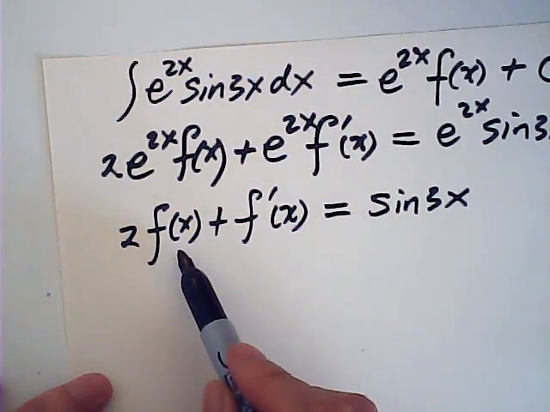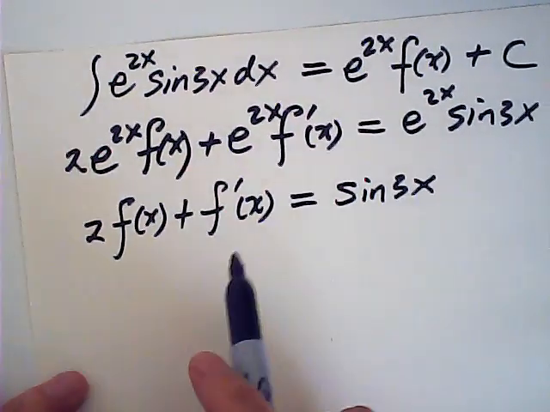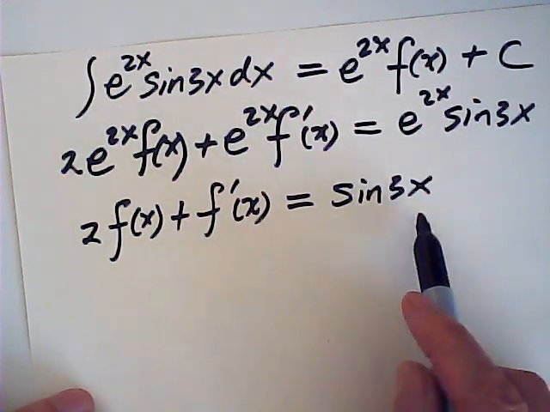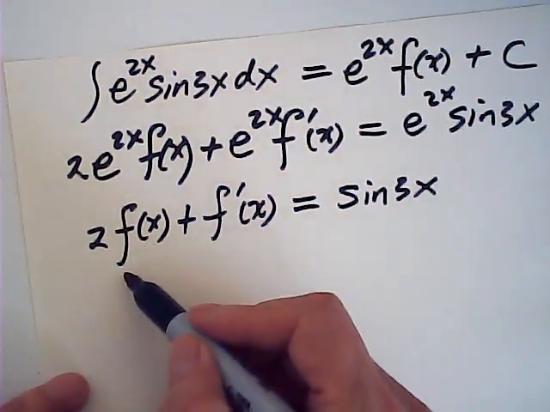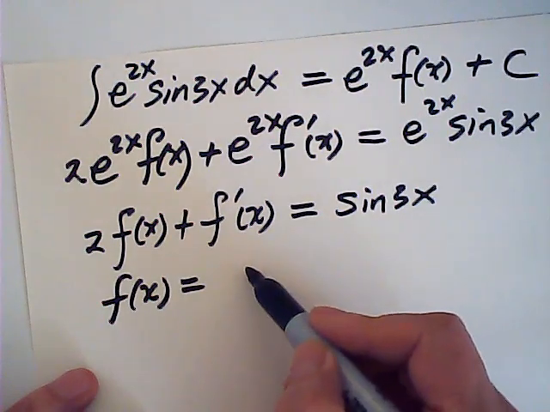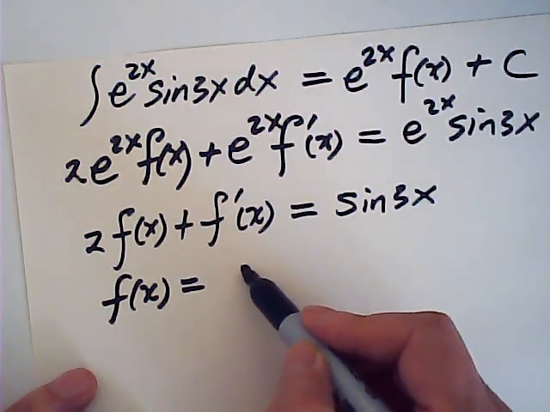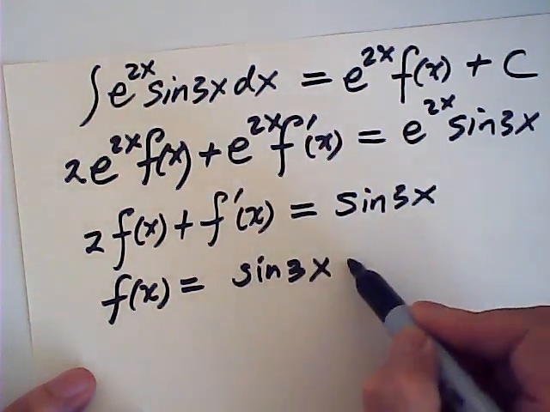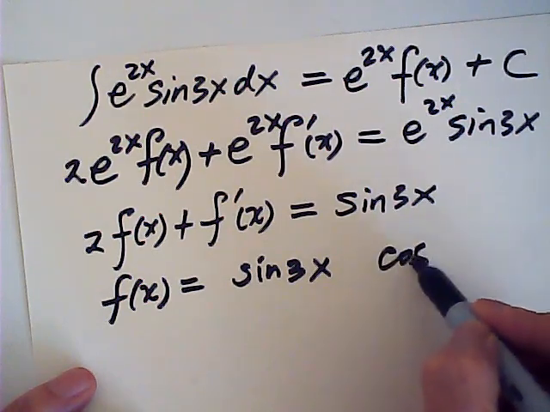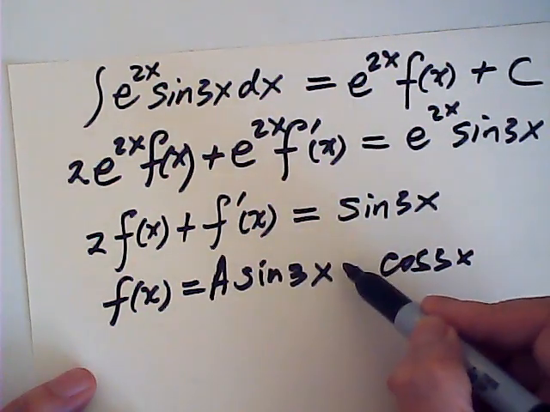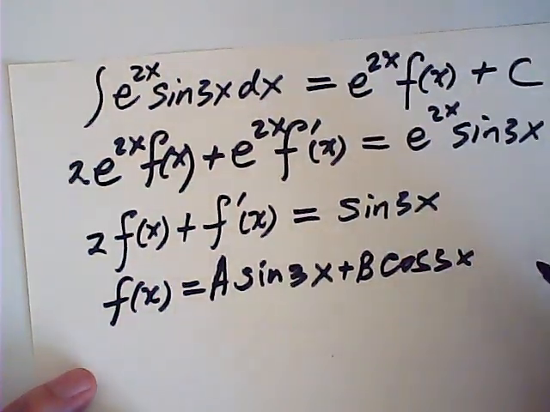Now, since the summation of the function and its derivative is sine 3x, therefore my f of x must be a combination of sine 3x and cosine 3x. This is a times this one plus a number times this one.